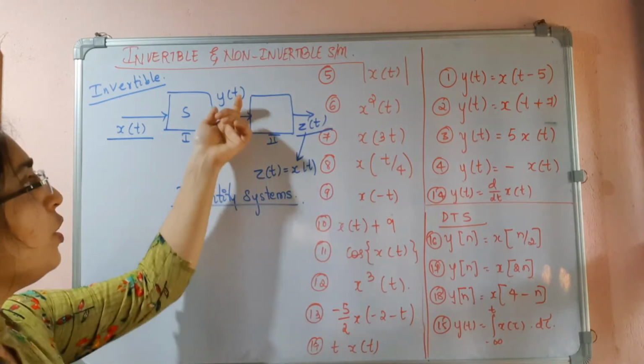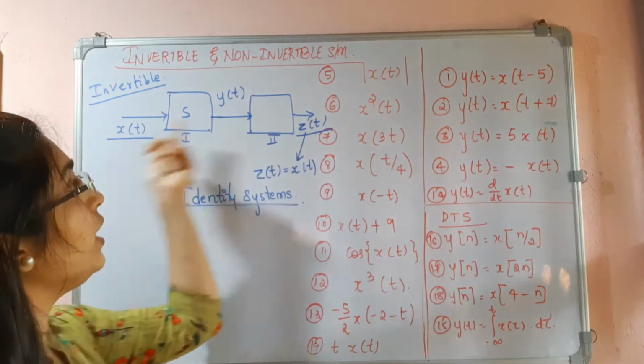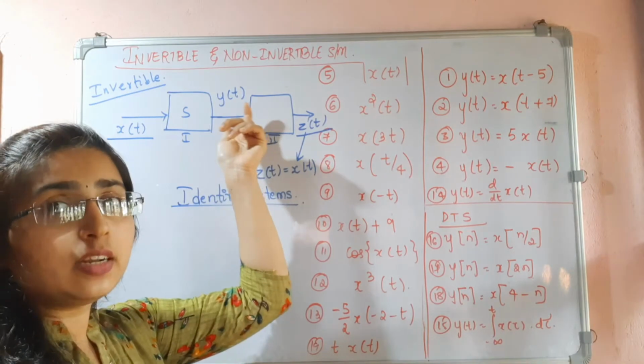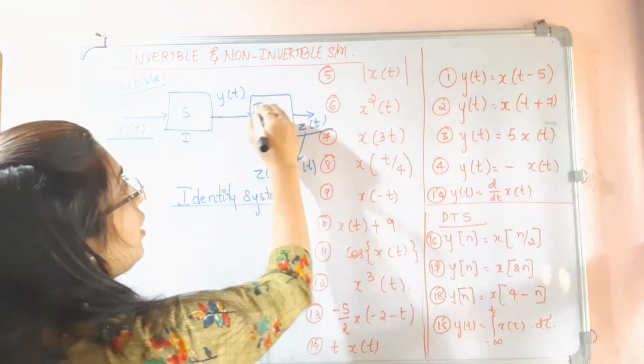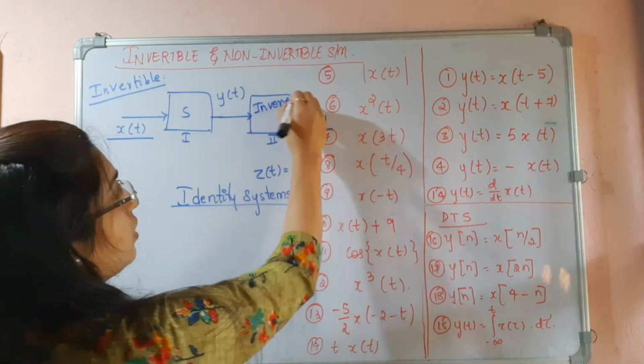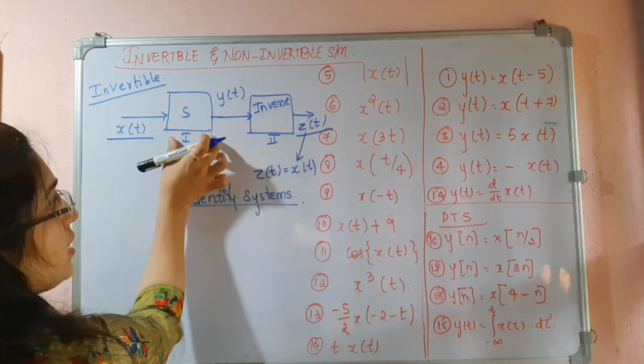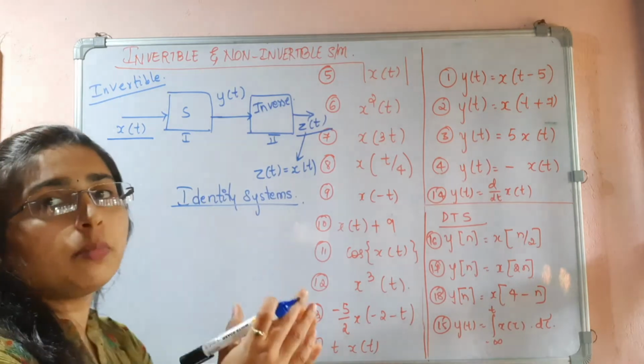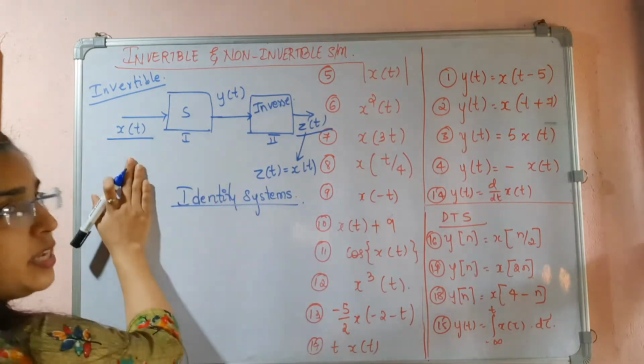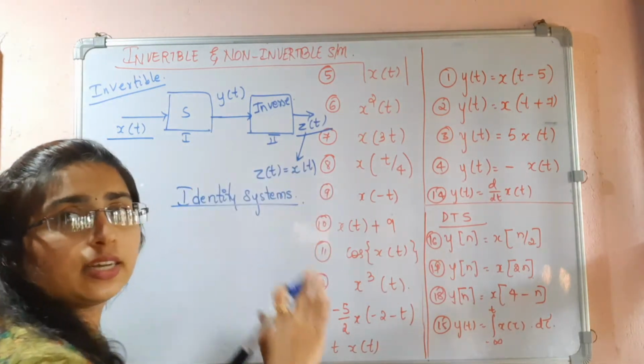Now, if I am recovering x of t from the output signal y of t, this is your inverse system. What does this actually mean? This system performs some operation on the input signal, and then only we get y of t.